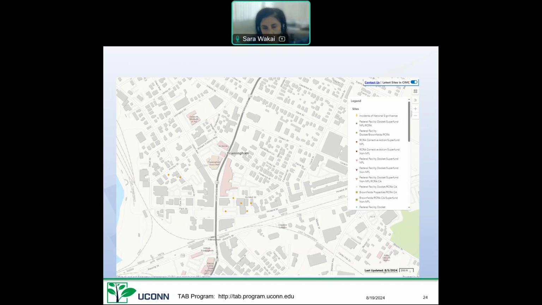It's kind of tough to see on the webinar on this screen, but you can look for the plus sign, which will show you where some of the brownfields are. So you could look at this and compare it to the EJ screens information, and also look at some of the state level data.